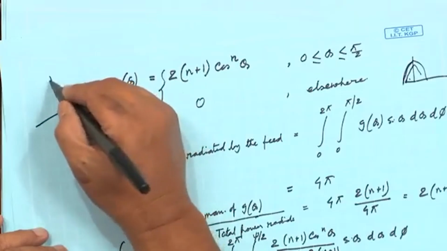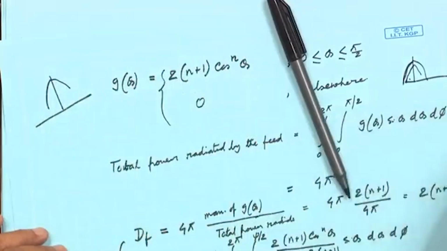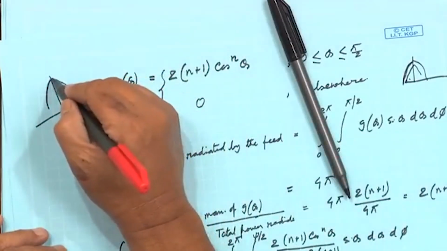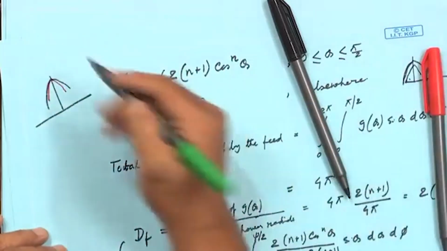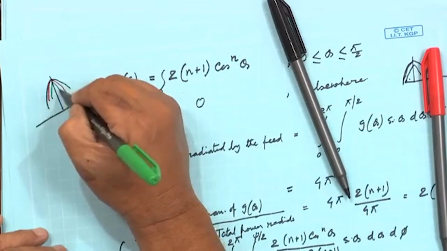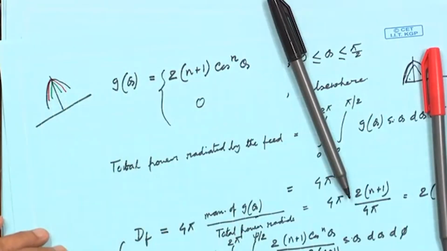Let us look here, if you have this, the more peaky thing will be something like this, make another factor, that will be something like this. So, that means if I make it more directed, then obviously the spillover will be less.